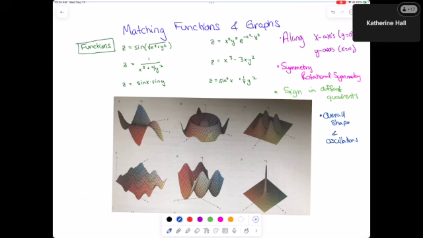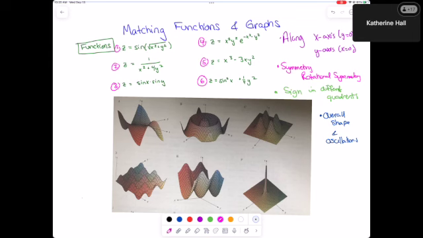So let's start with just looking at that first function. Let me number these: 1, 2, 3, 4, 5, 6. Whenever you see an x squared plus y squared in your function, and that's the only way that x and y appear, so they always appear squared and added together, that's what gives you rotational symmetry.